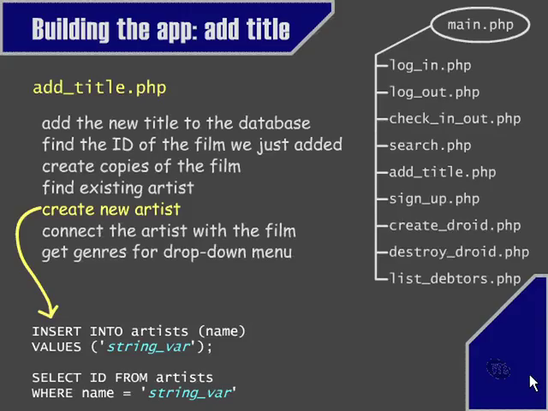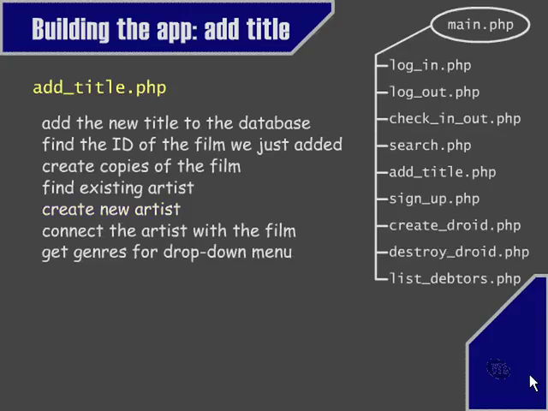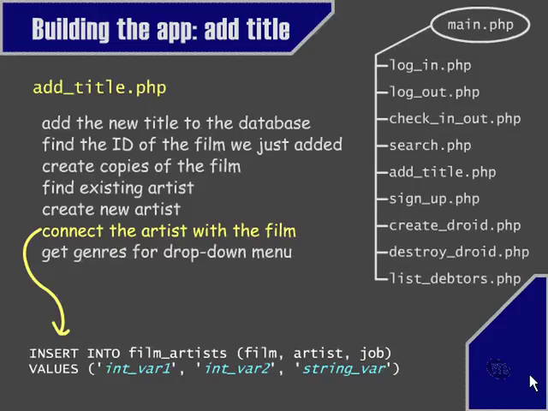Whether we've found an existing artist or created a new one, the next step is to make the relationship between the artist and the film. We do this using the film artist table, and we use the ID from the film that we found earlier on in this particular query, and we use the artist ID that we found either in this query or in the second one of this query.